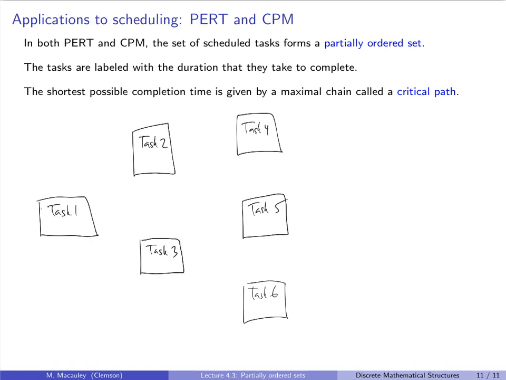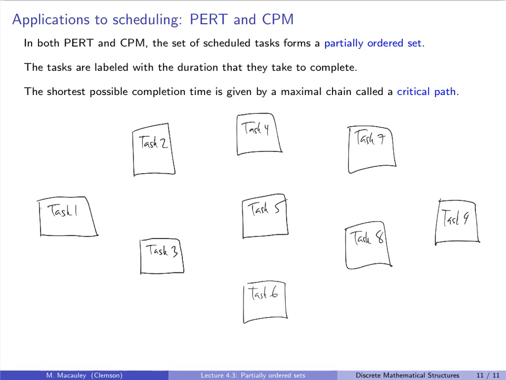Let's put task 7 up here. Let's put task 8 here. And let's put task 9 over here. And now let me put durations for how long these things take. Let's suppose that task 1 takes 7 hours.